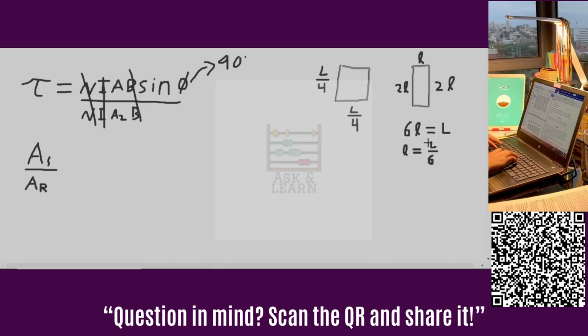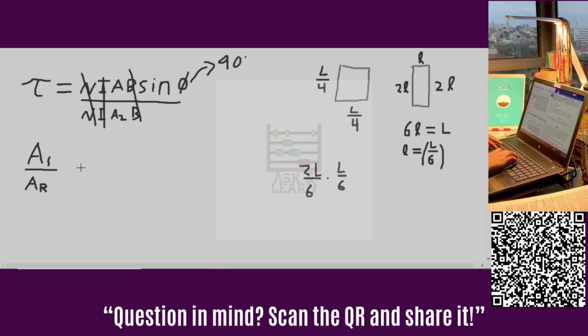So if we plug this in for little l and calculate the area of our rectangle, if you take the length times the width, we'd have 2 times l over 6 multiplied by l over 6. So you'll have 2l divided by 6 times l over 6.